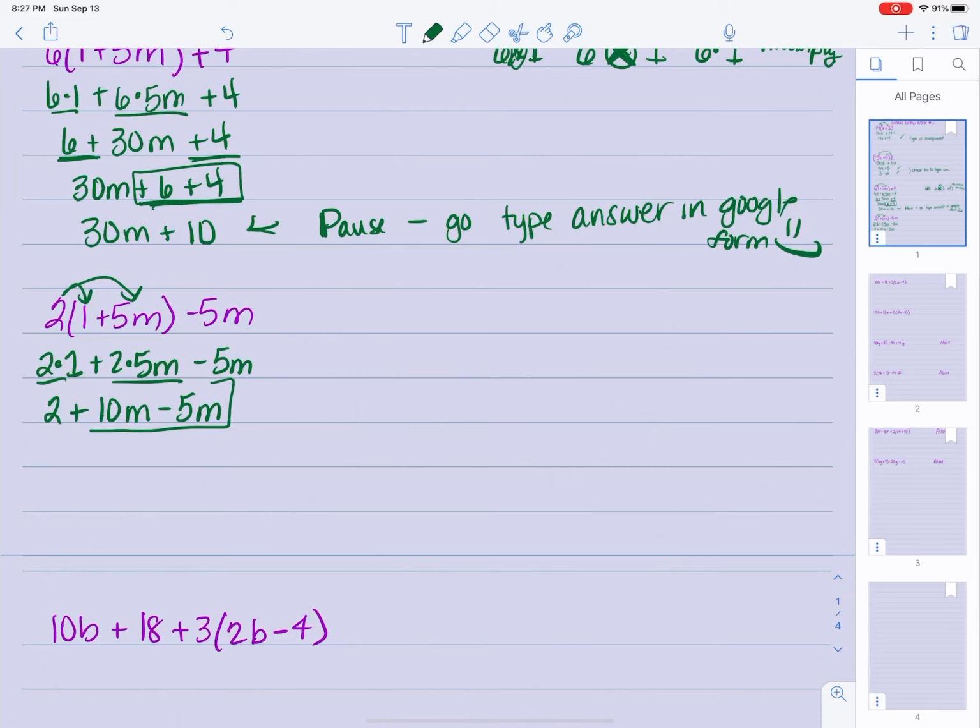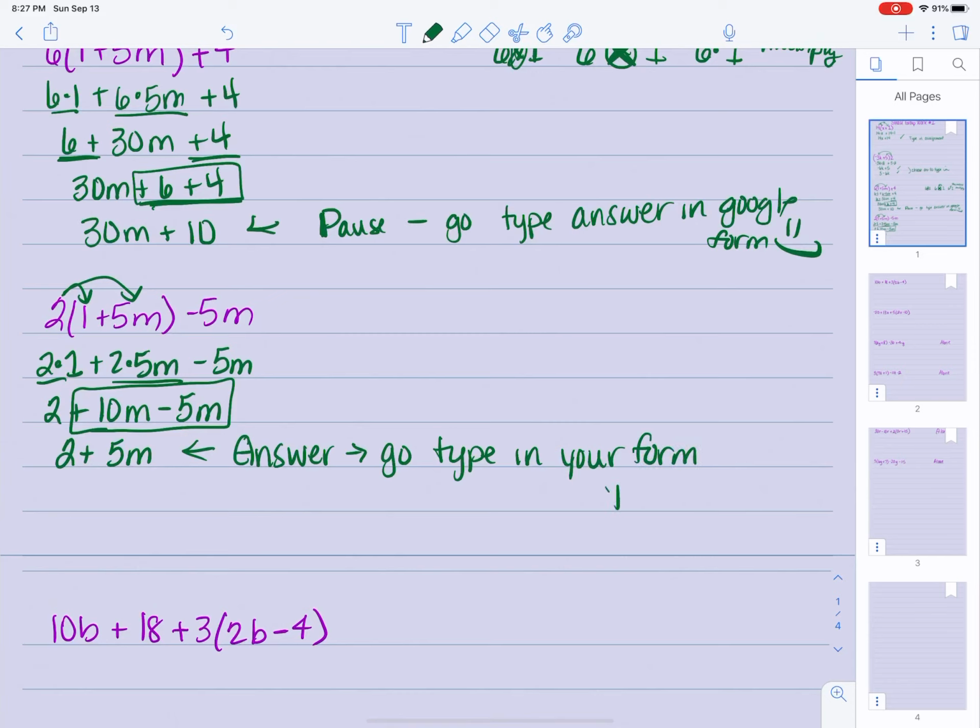Notice these are like terms. So 10 minus 5 becomes 5m. My 2 is brought down. So answer, that's an A. Go type in your form. Pause and return.